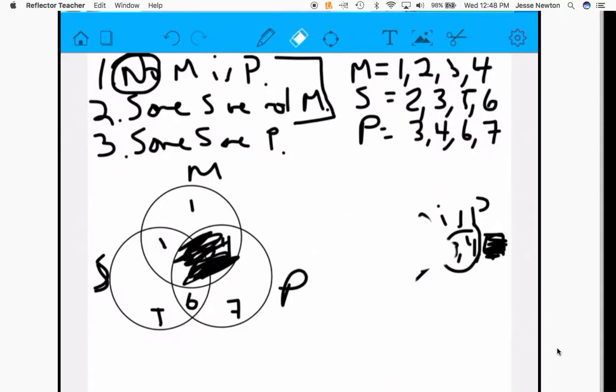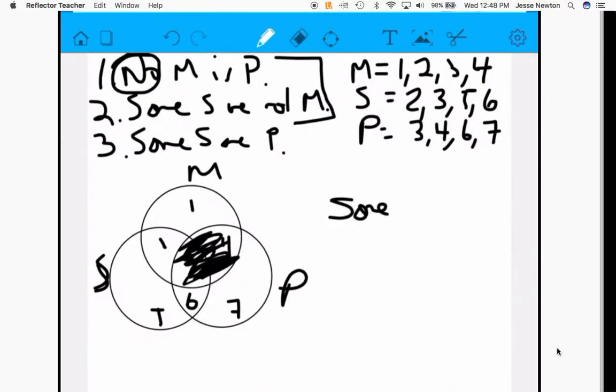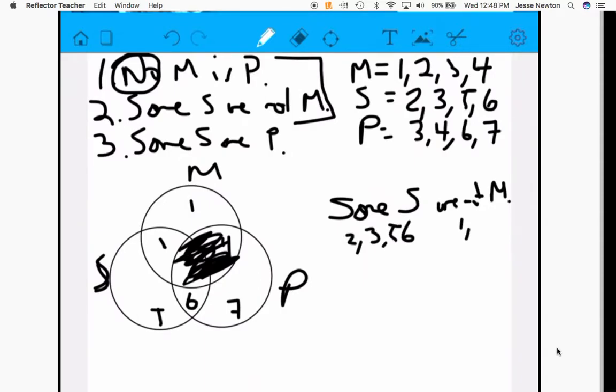Now we come down here and we do the minor premise. We're going to say some S are not M. What's the mood of this? The mood is going to be E, O, I, and the figure is figure 1. Some S is 2, 3, 5, and 6, and M is 1, 2, 3, 4.